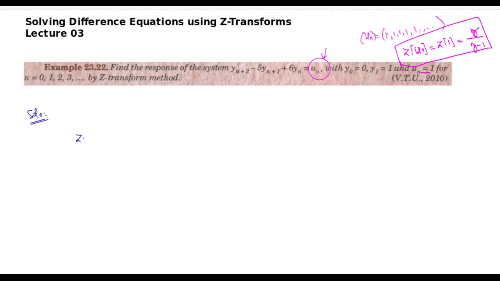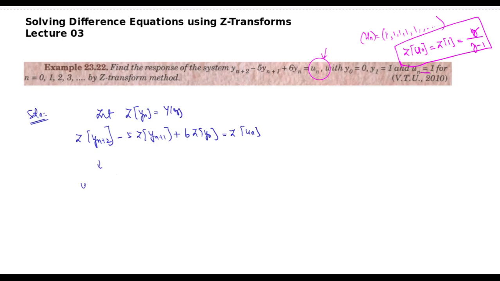Taking Z transformation on both sides, you get Z of y(n+2) minus 5 times Z of y(n+1) plus 6 times Z of y(n), equal to Z of u(n). Remember, u(n) is simply 1, so Z of u(n) is Z of 1, which is Z by Z minus 1. You can also assume Z of y(n) is equal to capital Y(Z).